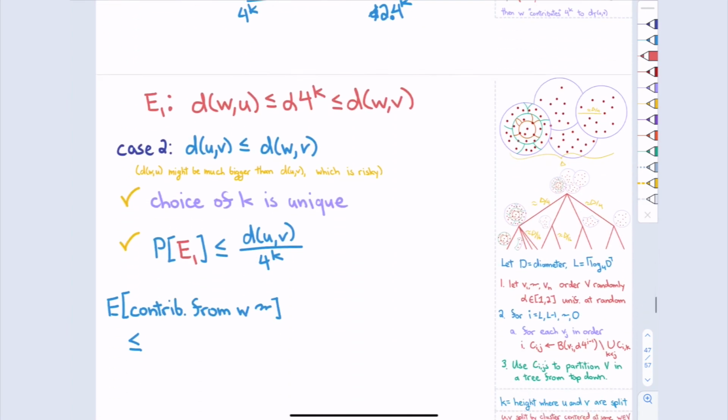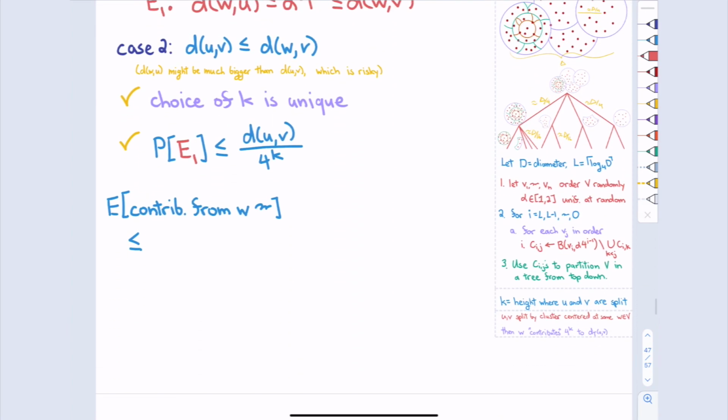So first, the choice of k is unique. If there's a contribution, you pay 4 to the k, and you have to have E1 and E2 occur, which we now know can be taken separately.